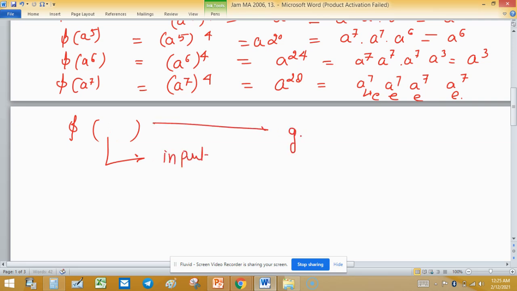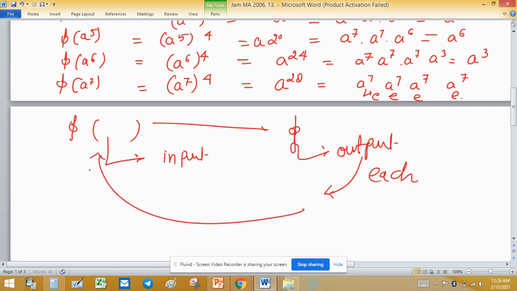you will get the output for phi, and for each output there exists a domain element or input.